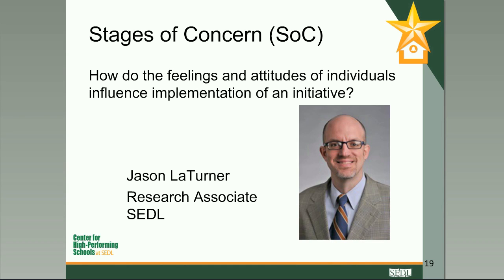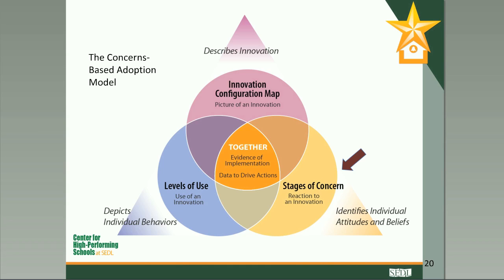So essentially it allows us to start focusing on the individual and what their concerns are with the innovation. As you can see from the model, I'm going to focus on the yellow part, the stages of concern: how an individual reacts to the innovation, and what we're really focused on are the individual attitudes and their beliefs.